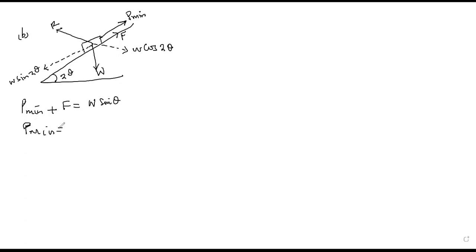So it is going to be W sine 2 theta minus F, which is mu R. So P minimum is W sine 2 theta minus mu R. My R, after resolving perpendicular, would be W cos 2 theta.